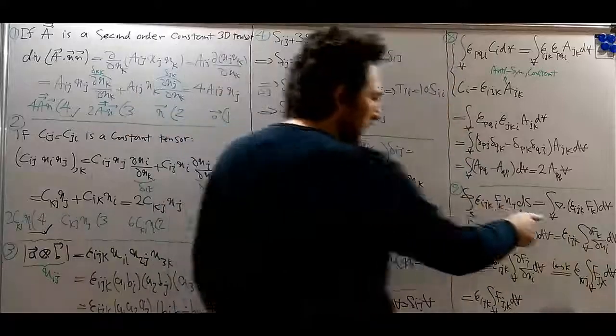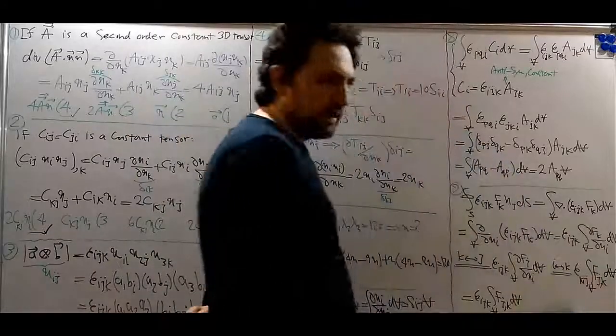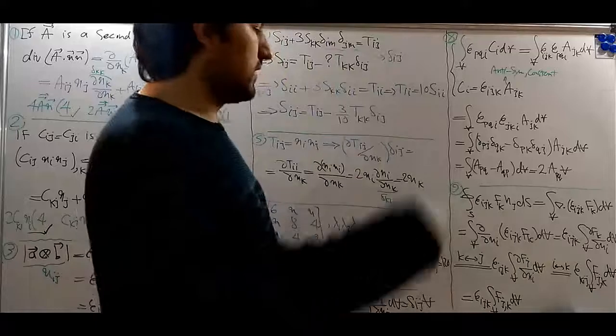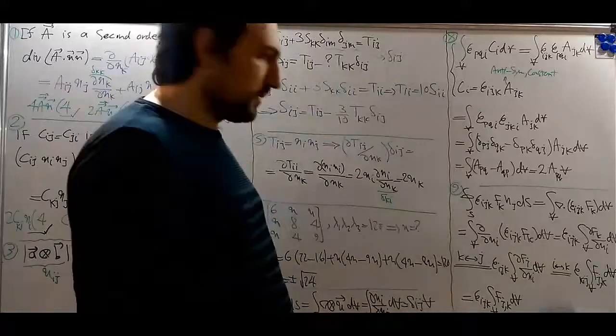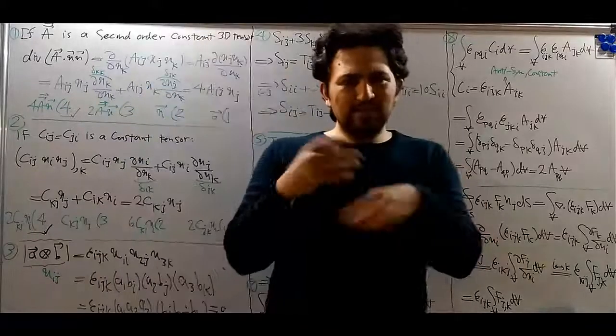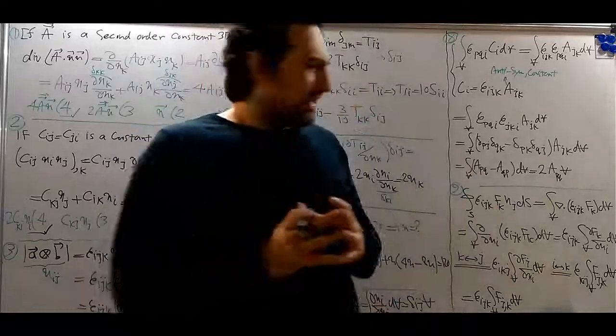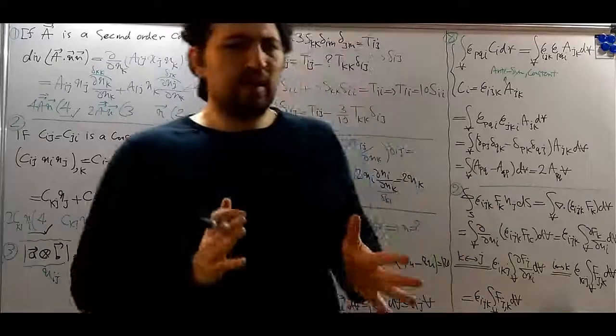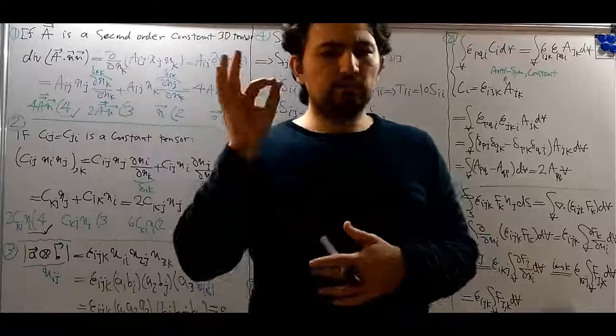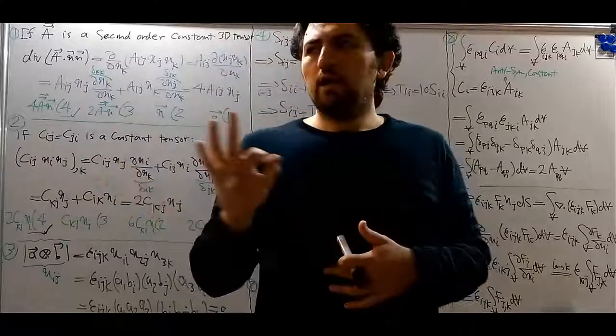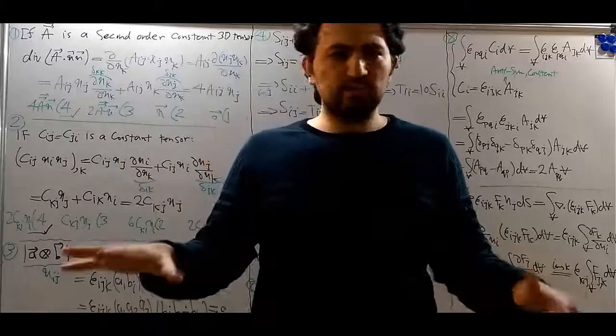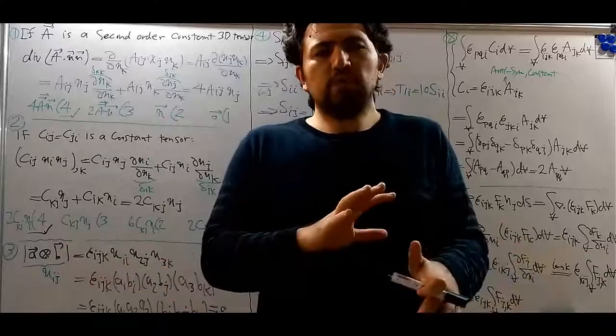So here I have the gradient of f sub k, or partial derivative of f sub k with respect to x sub i. Let's play with indices here. As you know, in tensor notation, I can replace a non-repeating index in all terms in the relation with another index.